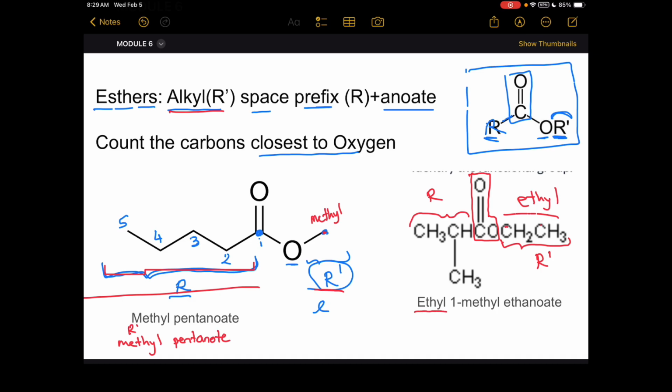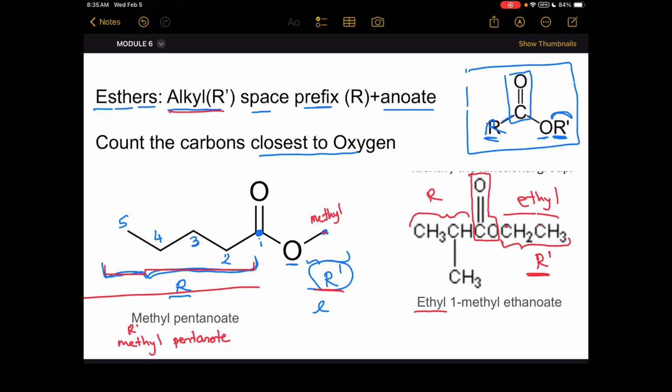Now I have to name the left part. How many carbons on the left side? Okay, so we have a mistake here. We are going to find out. So we start with ethyl, which is the R prime. Now we're going to name the R group.